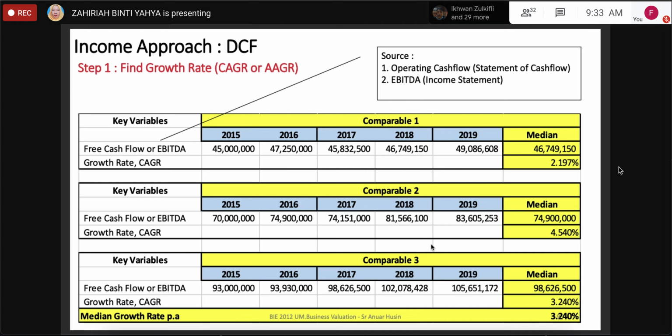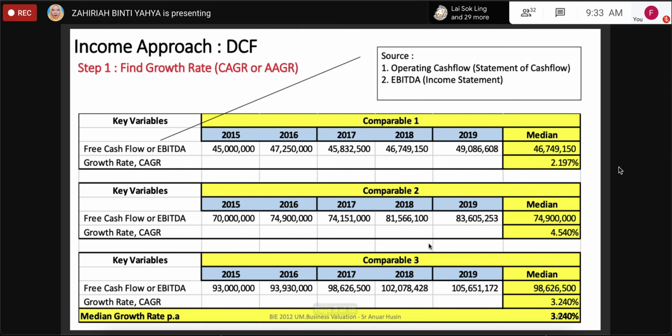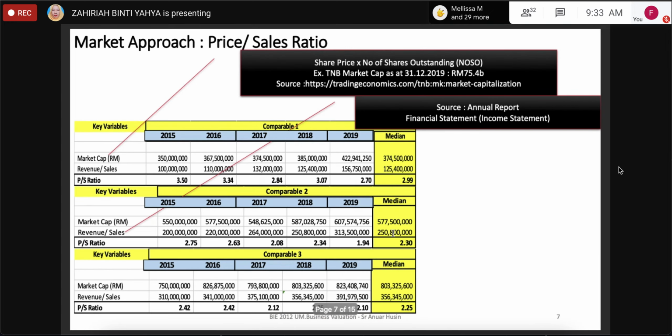And then we go to the income approach. Sorry to interrupt, Doctor. Yeah? Doctor, we still need to do the P/E or the enterprise value for market approach. Actually it depends on your property. But for this case, we have studied, supposedly, and we feel that comparing on the price to sales ratio is the best.